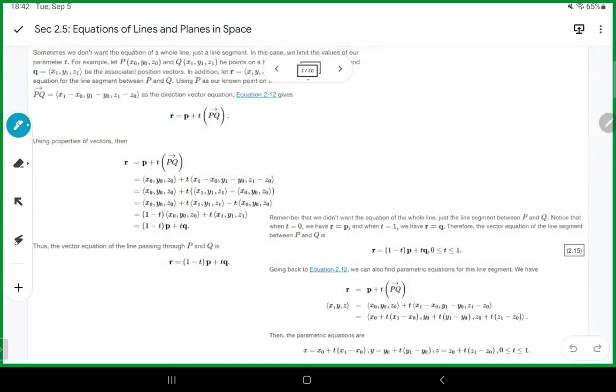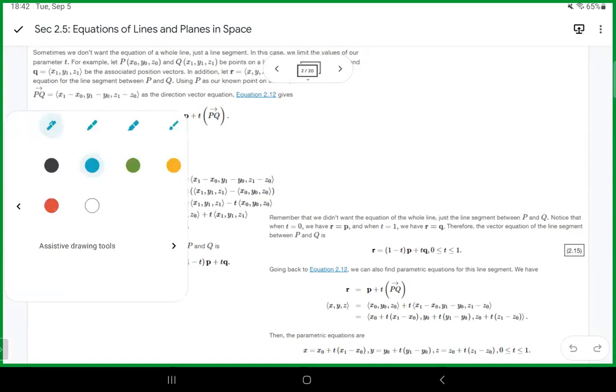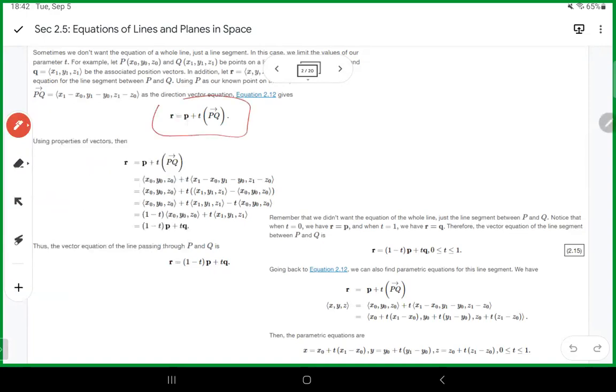Okay. So we have some more notes on this page. So let's just kind of work on the highlighted parts. So we care about this. Using the properties of vectors, then we know that this is the same as this, which is the same as this. And we care about this one.